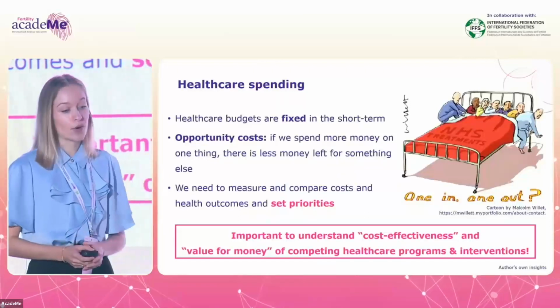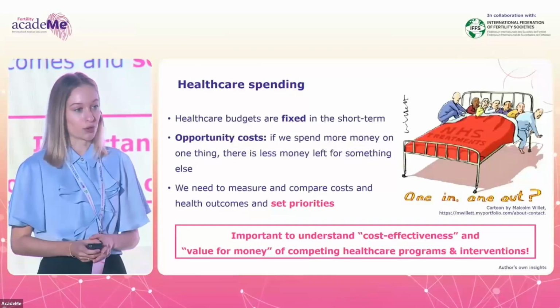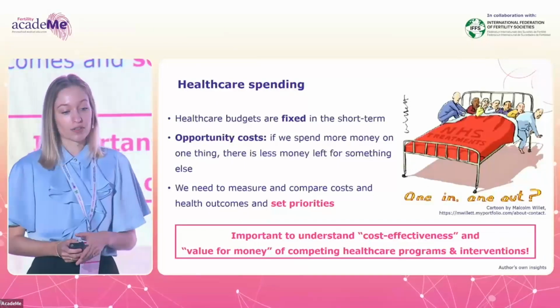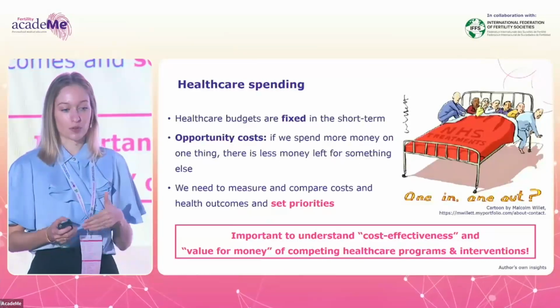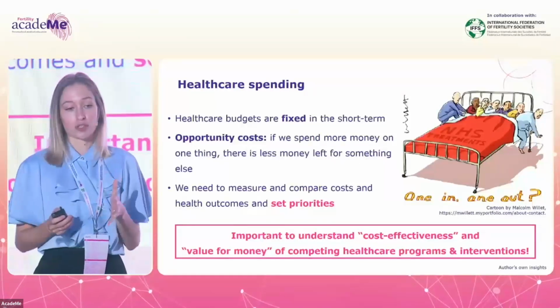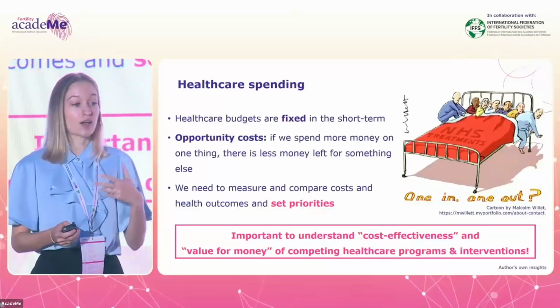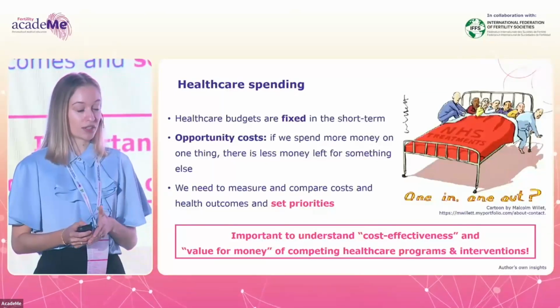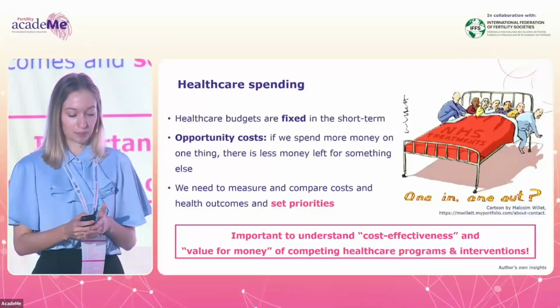As we all know, healthcare budgets are fixed, and that is why we need to take into account opportunity costs. Opportunity cost means that if we spend more money on one thing, there's less money left to spend on something else. If you decide to spend part of the healthcare budget on a certain intervention, then the opportunity cost of that intervention is everything else you cannot buy anymore because you already spent your money.